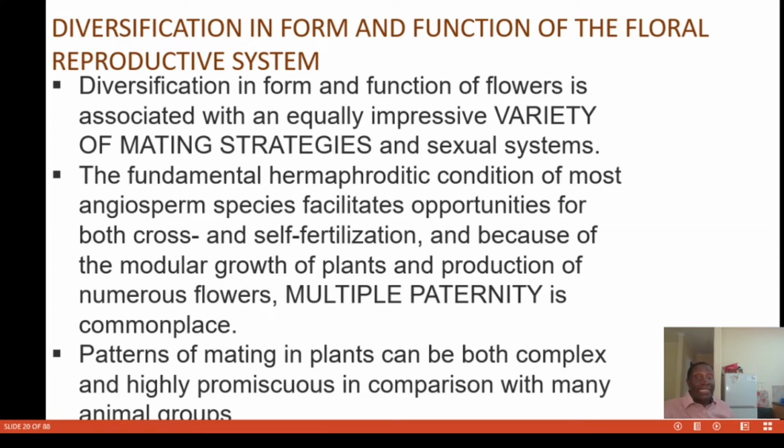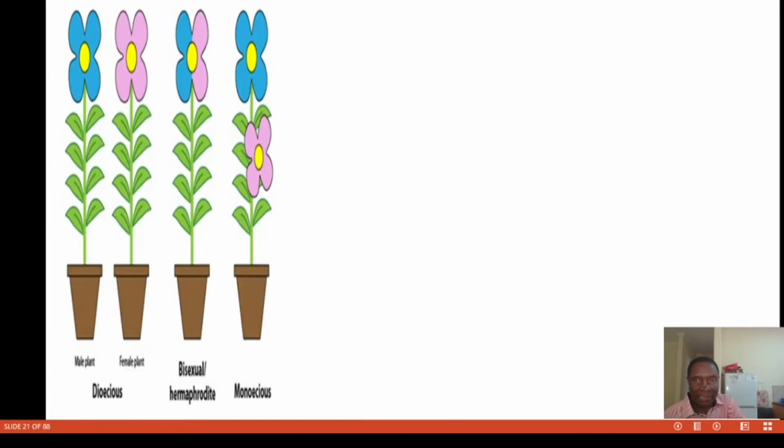Now, patterns of mating in plants can therefore be both very complex and very highly promiscuous in comparison with many animal groups. Promiscuous, very high in plant reproduction systems. Now let's look at how some of them look like.